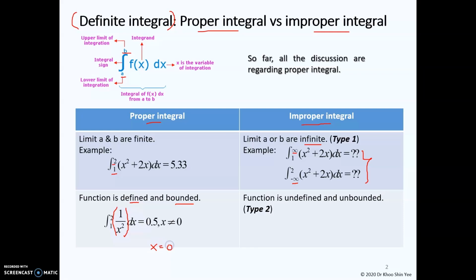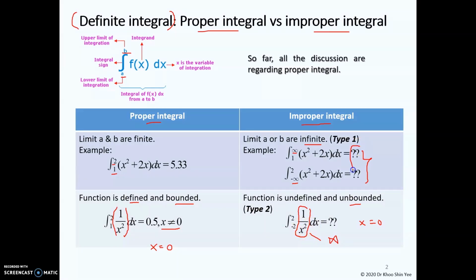Therefore, to ensure that this function is defined and bounded, x cannot be equal to 0. However, in this case, if the function is unbounded and x can be equal to 0, if you substitute x equal to 0 inside, you get an infinite function, which is undefined. Therefore, this is one of the improper integrals as well.